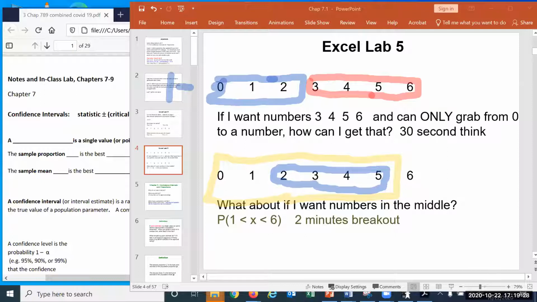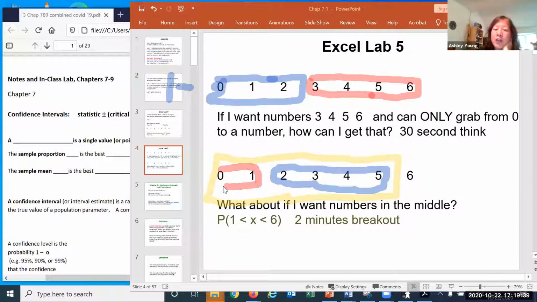And then you would subtract the first number from the second number, because in Excel, it won't let you grab the numbers in between. Right. So you guys know that the yellow part is made up of the red part plus the blue part. I can find the yellow part, that's 5 or less. If I want the blue part, I can take the 5 or less and subtract the 1 or less, and I get the 2 to 5. Well done. Nice, Grace. Good job.